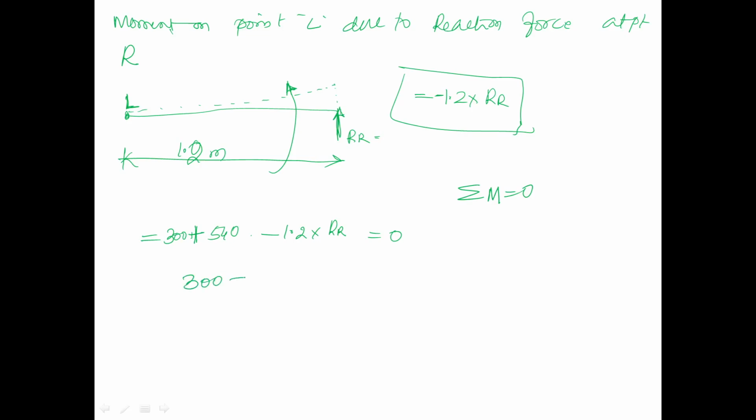Now let us go for 300 plus 540 minus 1.2 RR equal to 0. So 840 equal to 1.2 RR. Now RR equal to 840 divided by 1.2. If you calculate 840 divided by 1.2, it is 700 Newton.